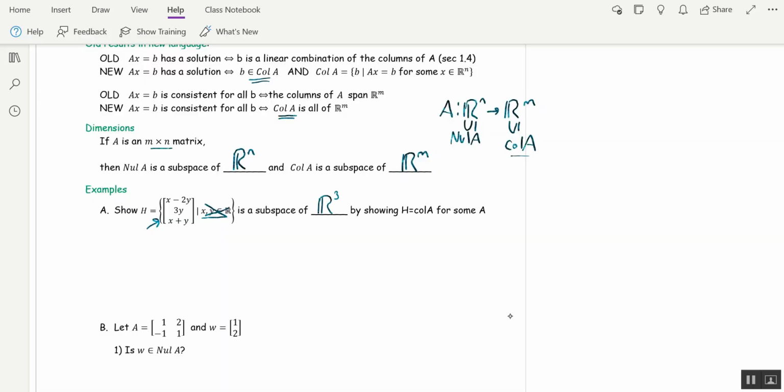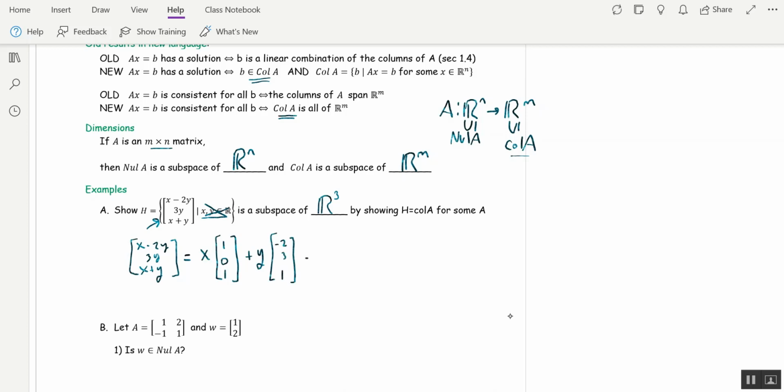Okay, we want to show that H is col A for some A. So let's rewrite this vector x minus 2y, 3y, x plus y as the sum of an x vector and a y vector. So if I write x here, the coefficients of x are 1, 0, and 1. And then y, the coefficients of y are negative 2, 3, and 1.